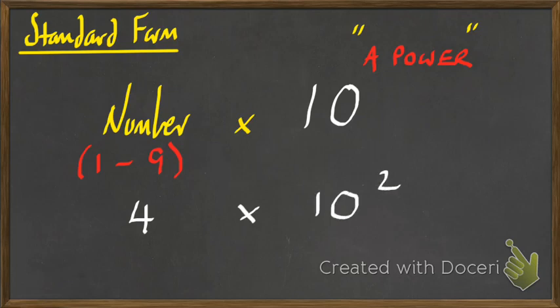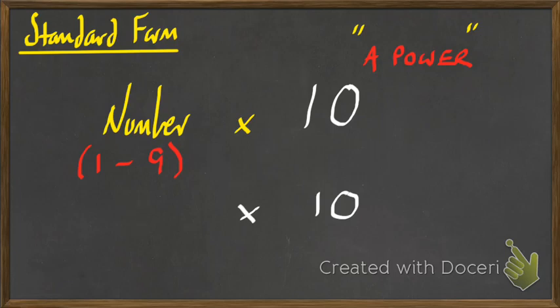Or we could have 8 times 10 to the 4. Sometimes we could have something like 5 times 10 to the minus number, and we'll talk about what that means later on.